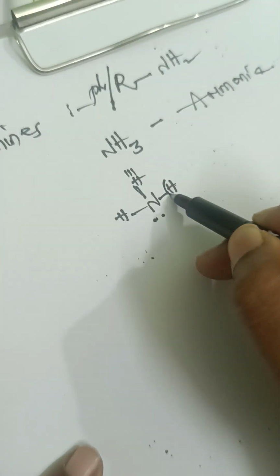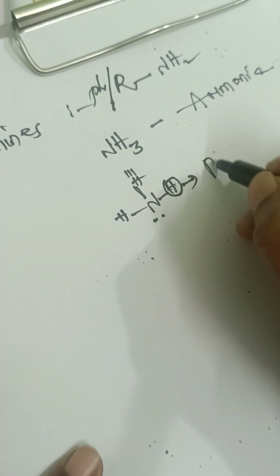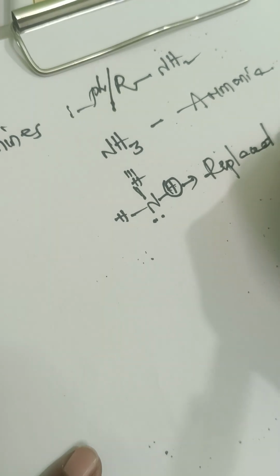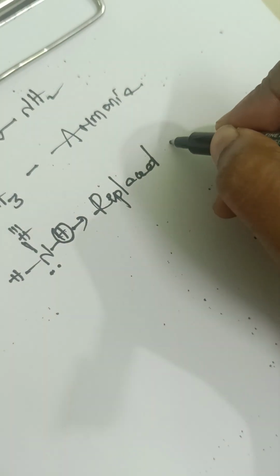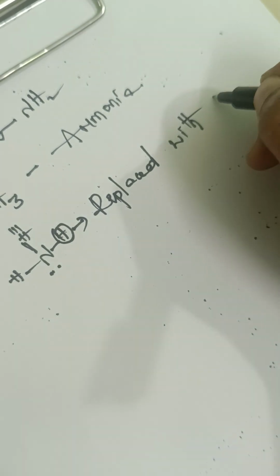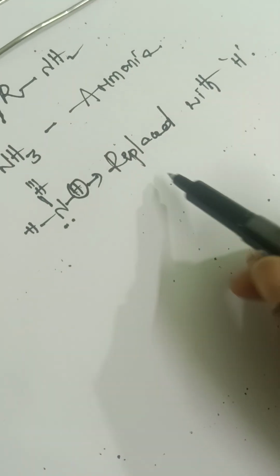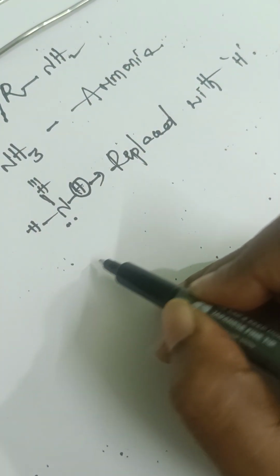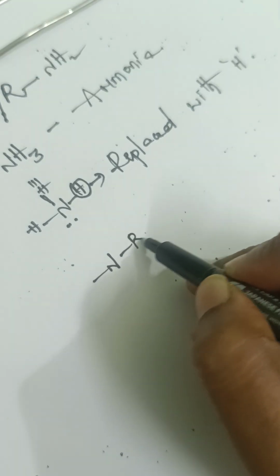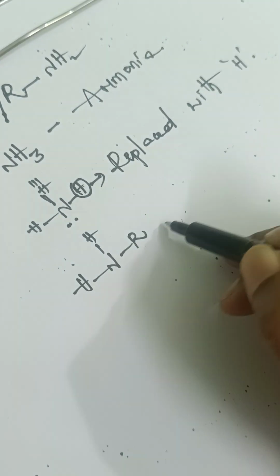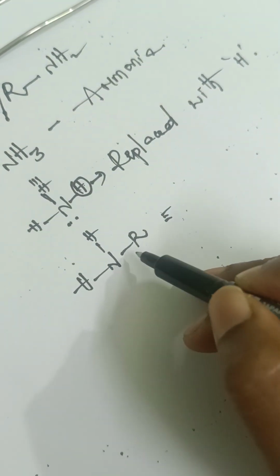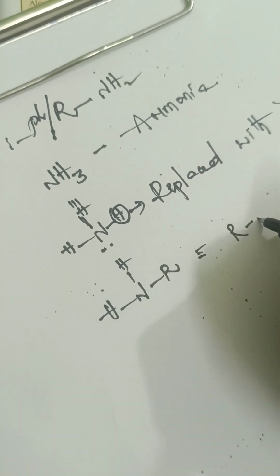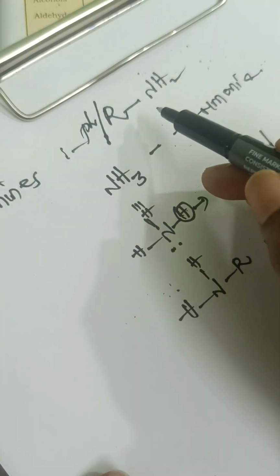If one of the hydrogens is replaced with R, the formula will become like this. This is nothing but RNH2. So this one and this one are both the same.